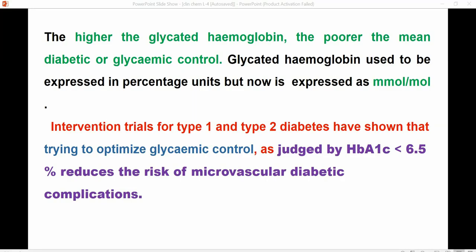Now, during the treatment of diabetic patients, the goal of therapy is to reach a blood HbA1c level below 6.5% in order to reduce the risk of the development of microvascular complications, as we said earlier, because it is related to hyperglycemia.